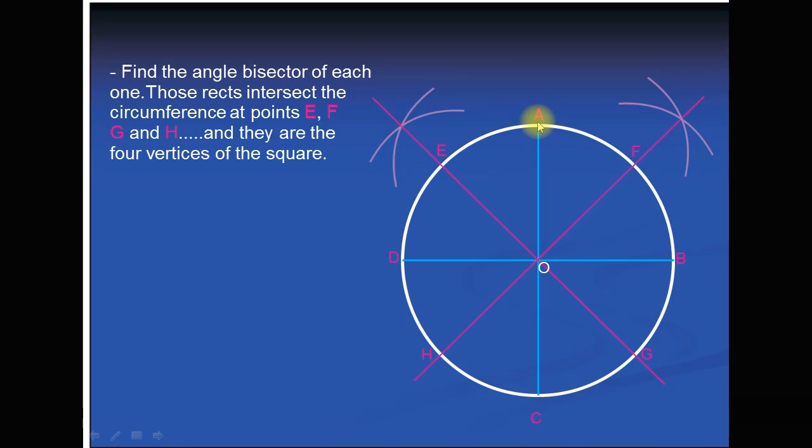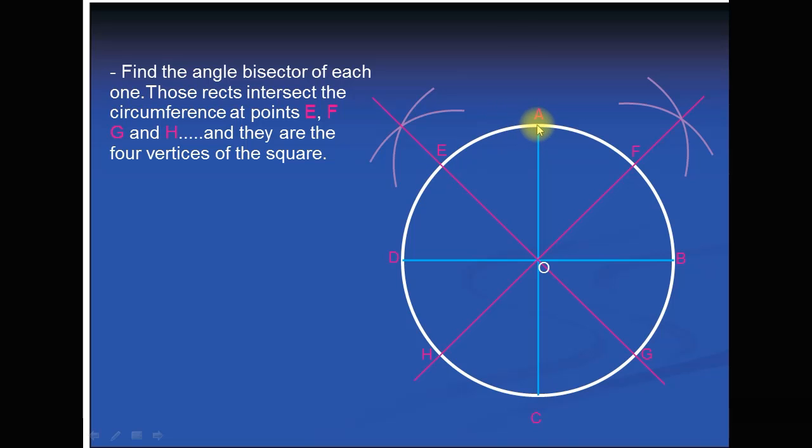Open the compass from this point to this point. So open the compass about some radius which will be greater than half of this arc.